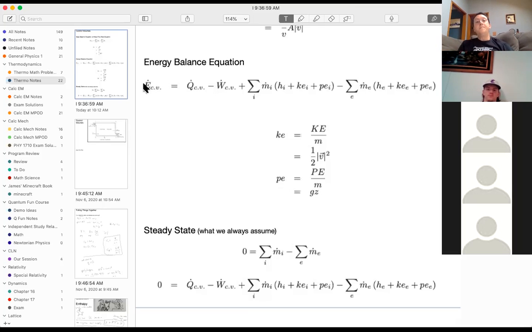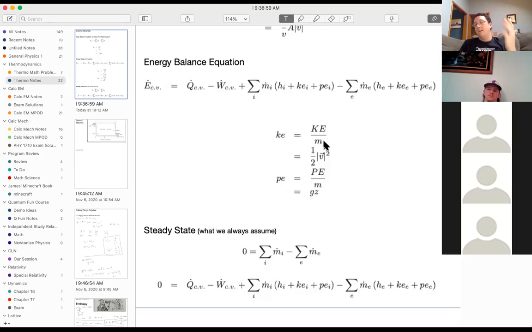Because remember, the enthalpy changes we're talking about here are usually in the kilojoules or BTUs per kilogram. So these are large numbers, whereas kinetic energy comes out in joules per kilogram, and you have to get the units fixed, which means there's a factor of 1,000 in the metric system.